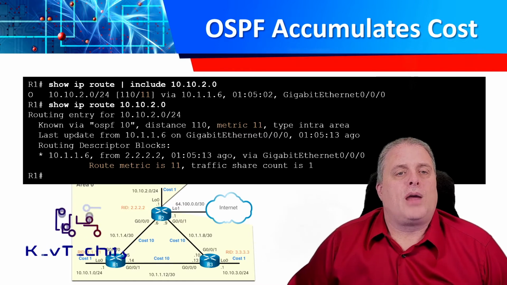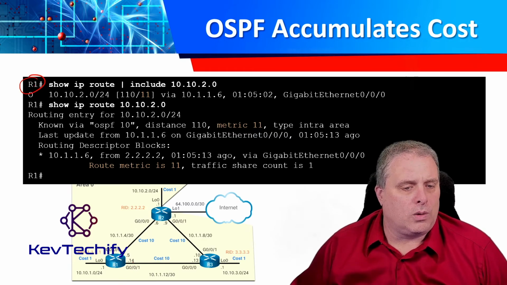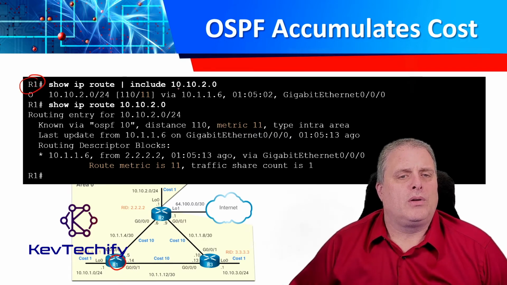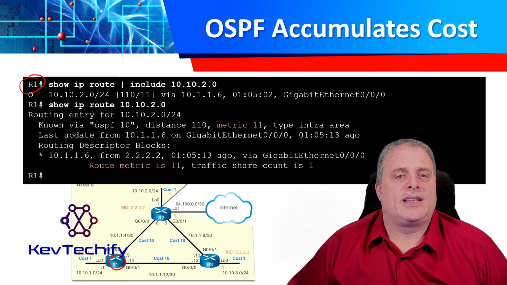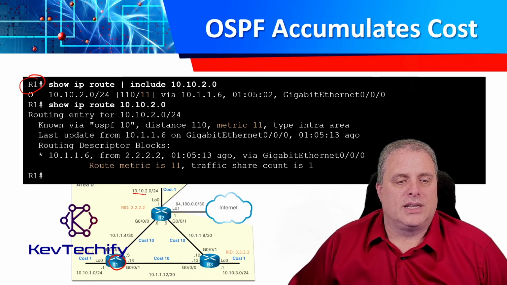When we do that, we can do a show IP route. The show IP route, we are on router 1 here. Router 1 is down here on the bottom left. We can do a show IP route and include anything that has to do with the network of 10.10.2.0. 10.10.2.0 is the network up here that goes off of R2 at the top.